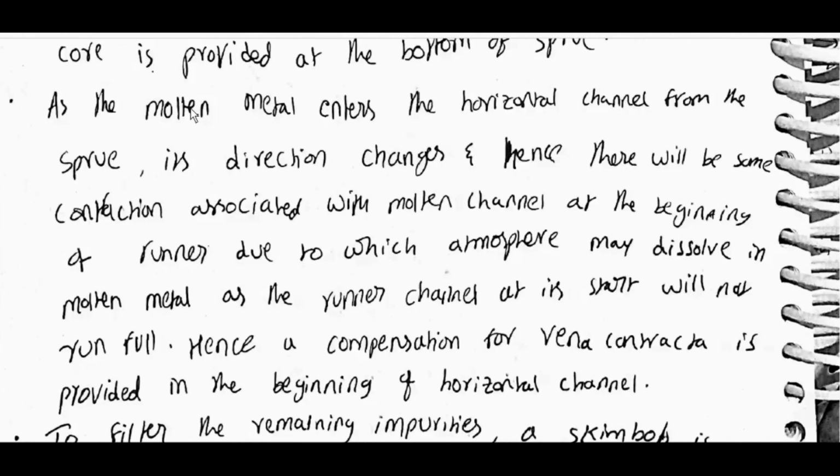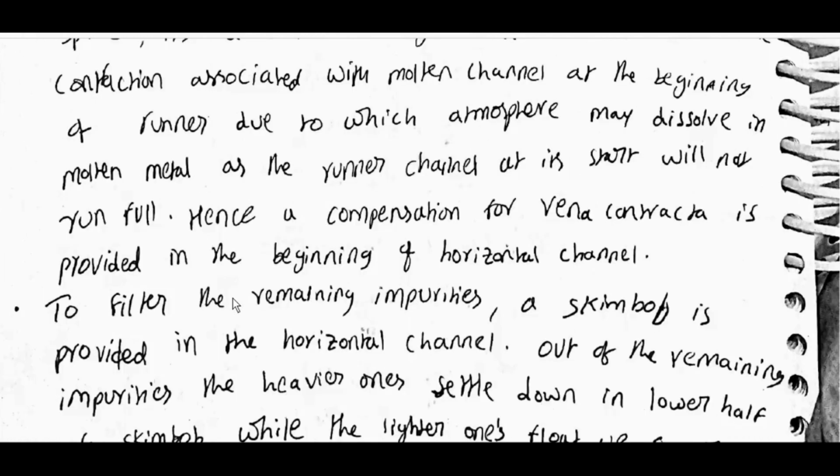As molten metal enters the horizontal channel from the sprue, its direction changes and hence there will be some contraction of the molten stream at the beginning of the runner, due to which atmosphere may dissolve in the molten metal, as the runner channel at its start will not run full. Hence a compensation for vena contracta is provided at the beginning of the horizontal channel.